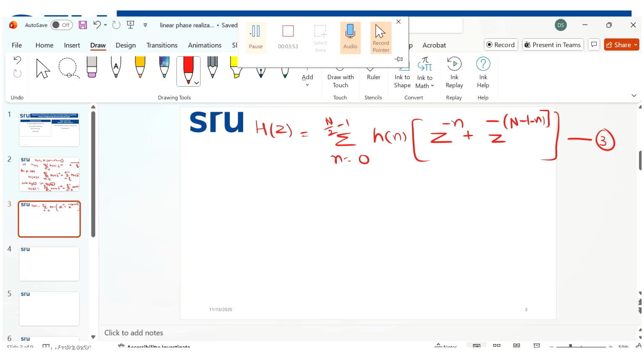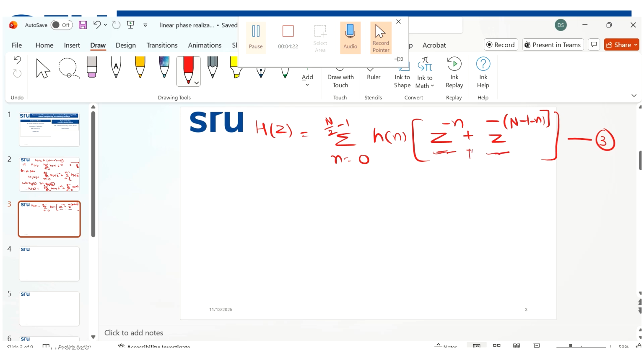Now if I substitute the n values between 0 to N by 2 minus 1, then h of n is the coefficient. Suppose I substitute n equal to 0 in the above expression, then z power minus 0, that is 1, plus z power minus (N minus 1). So there is an adder between these two.